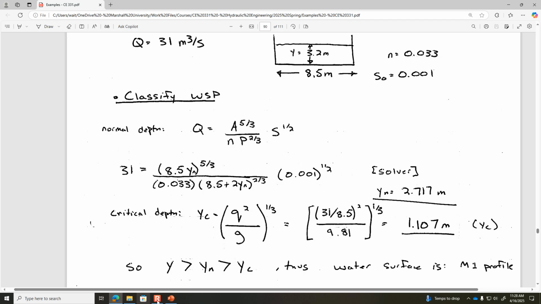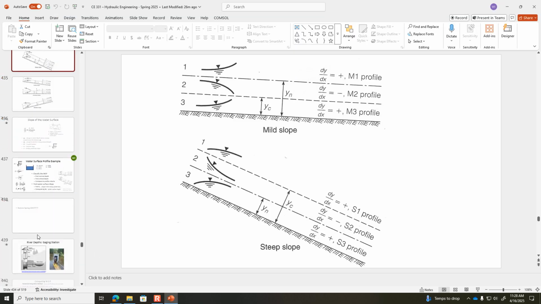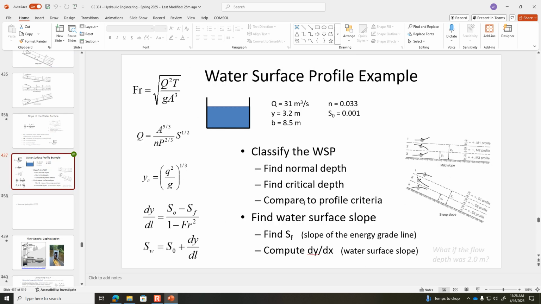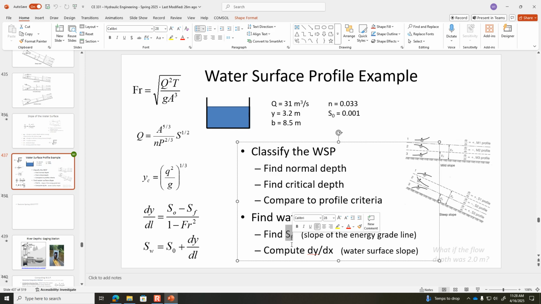All right. So that gets us part of the way there. It's also asking to find the slope of the energy grade line, S sub F, so that we can calculate dy/dx.